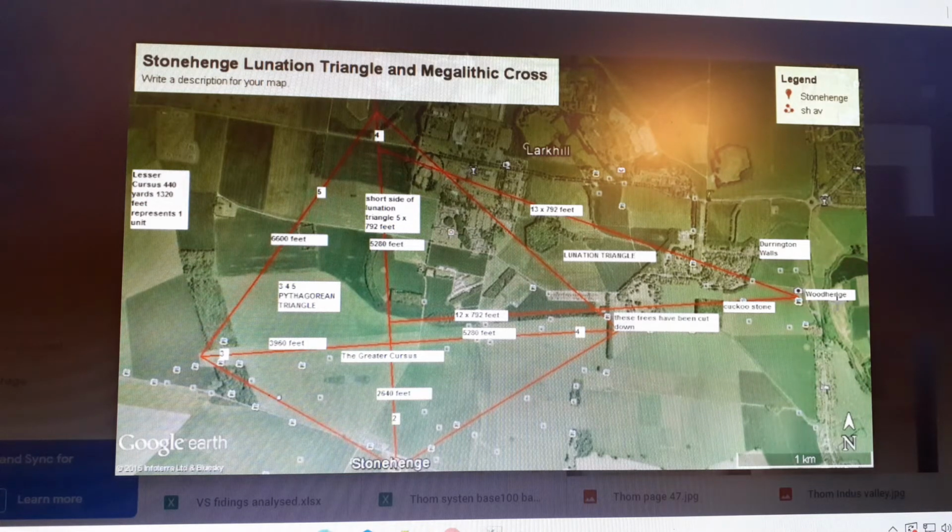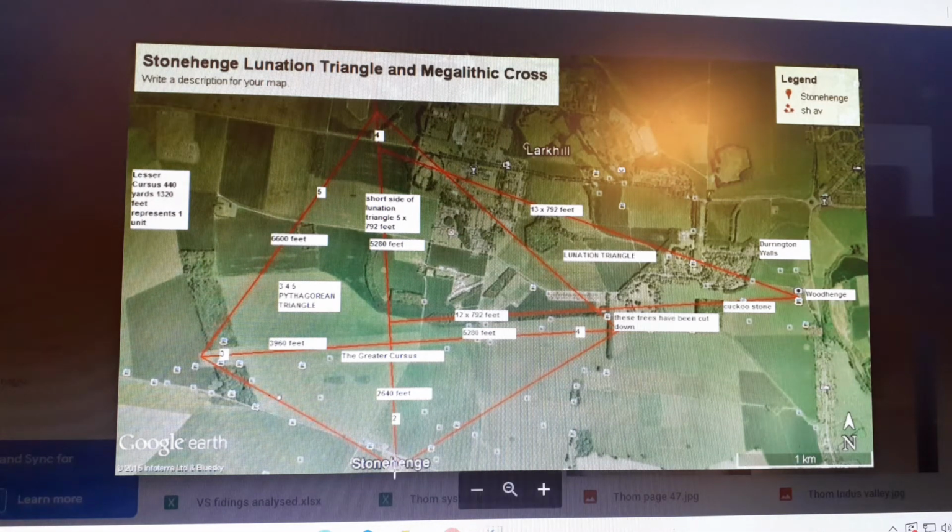And let's think about what we're actually saying here, because there is absolutely no way that I could have constructed this. This triangle is based on the work of Robin Heath. This is 3/4 of a mile, and Alexander Thom worked out the circumference of the Aubrey circle at 897.6 feet.